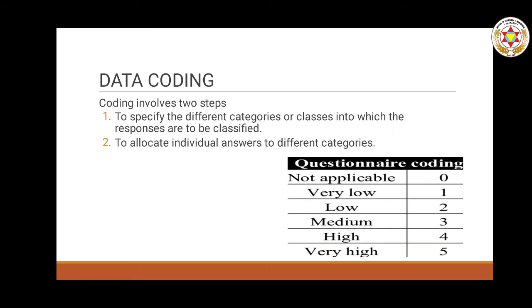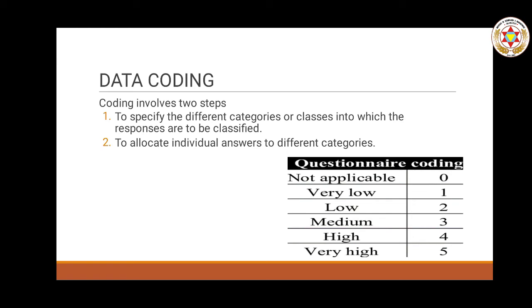Now coding involves two steps. First, to specify the different categories or classes into which the responses are to be classified. And secondly, to allocate individual answers to different categories.